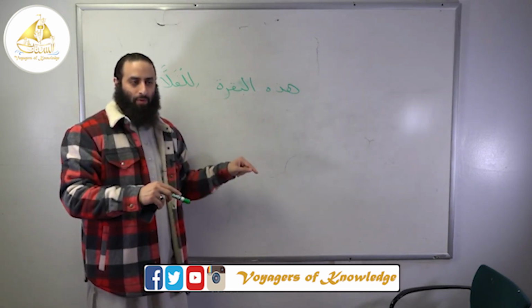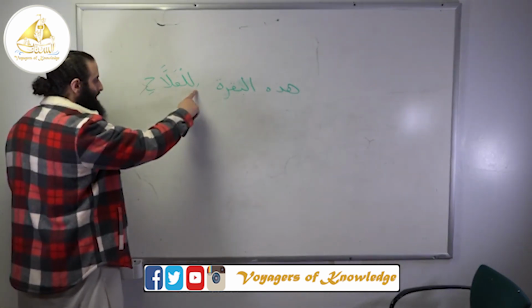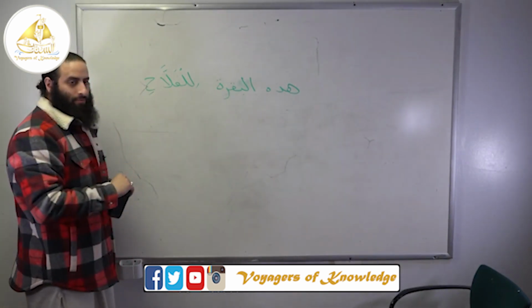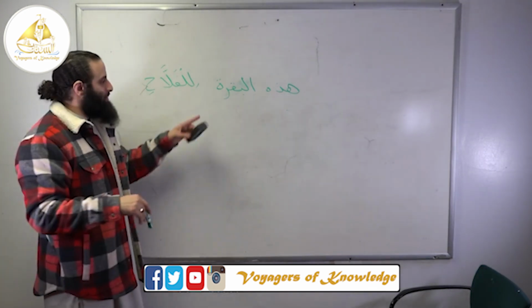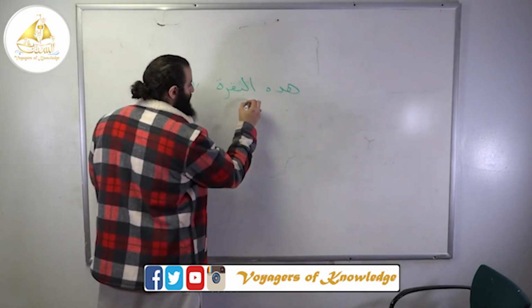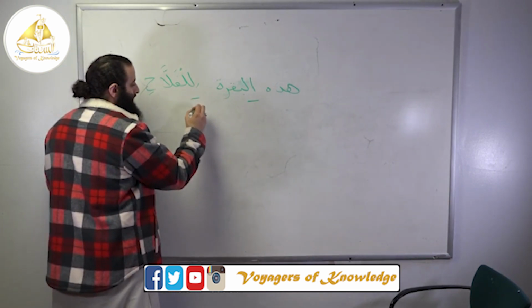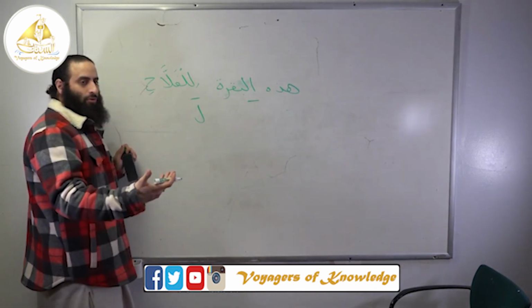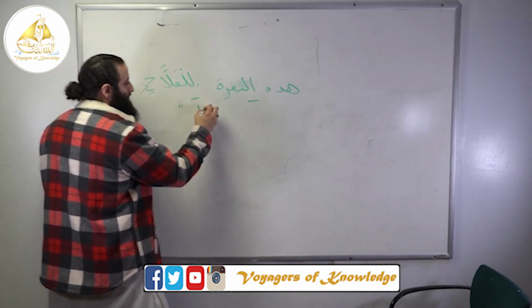This cow. للفلاح is the farmer's. As simple as that. So we want our answers and questions to be like this. We want to add alif and lam to the word that comes after هذه, and we also want to add li to whatever it is being attributed to.